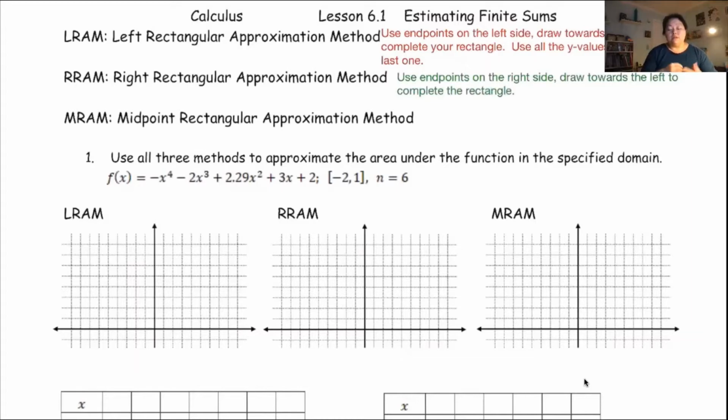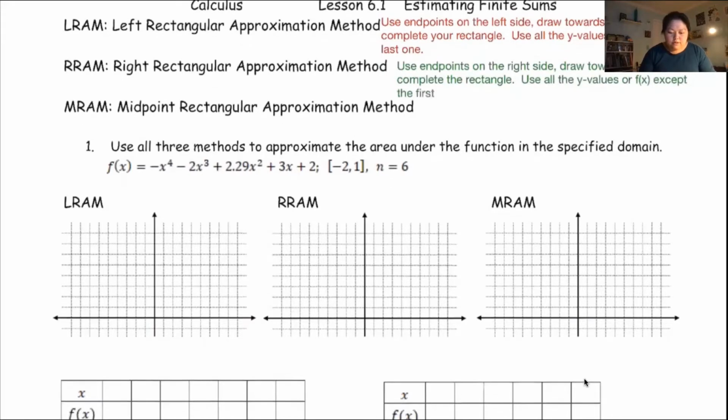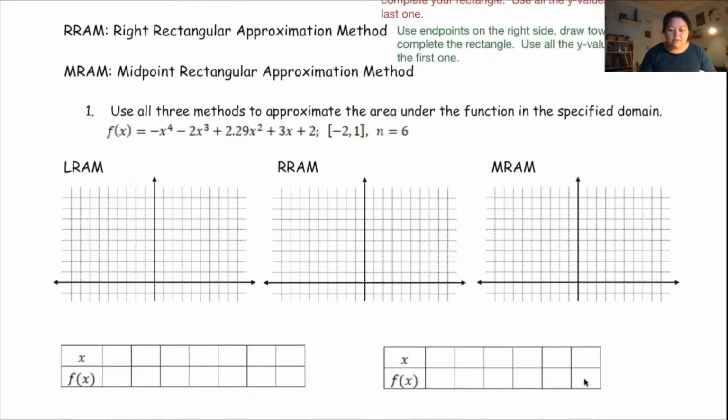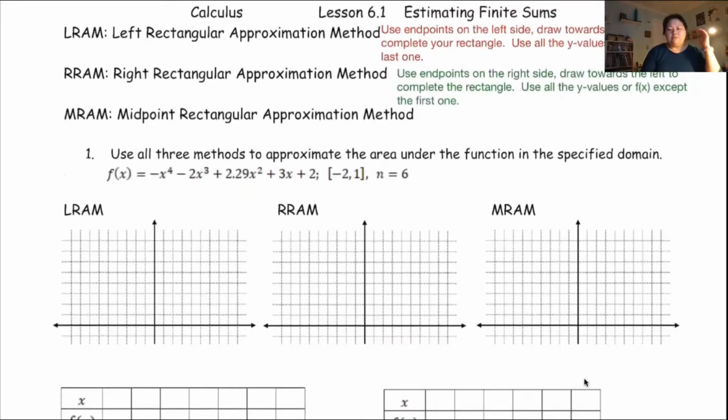And then of course, if you're looking at the t-table, then this is using all the y values, or f of x, except the first one. So the main difference between those two: one is using the endpoints on the left-hand side, one is using the endpoints on the right-hand side.